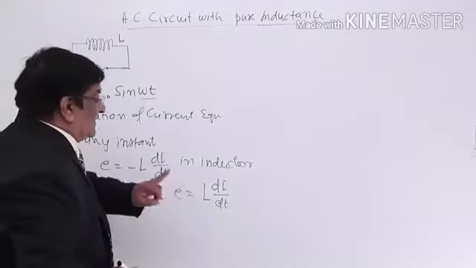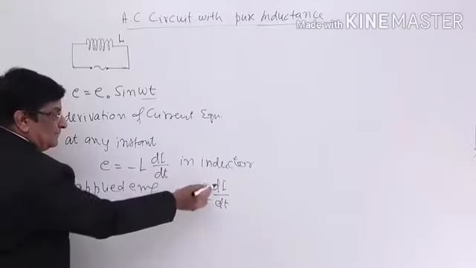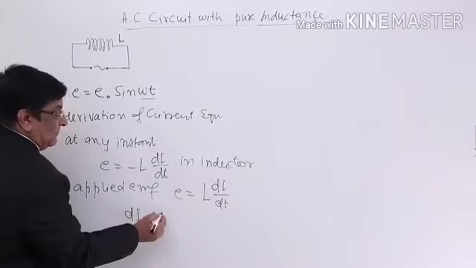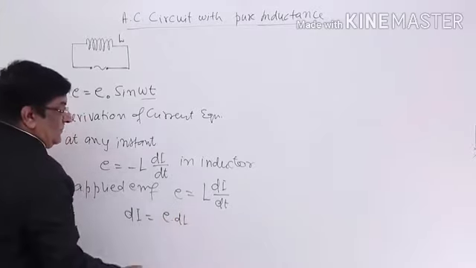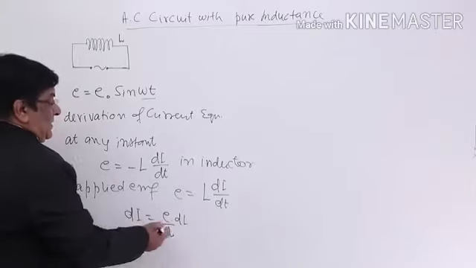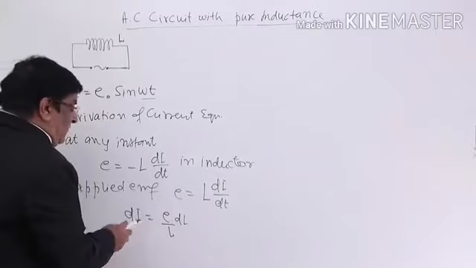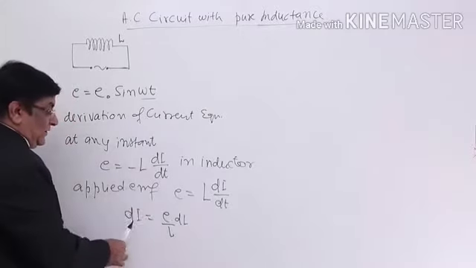If this is the applied EMF, one step further, di is equal to E into dt divided by L. Next step, we want the equation for I, so our target is to integrate this.